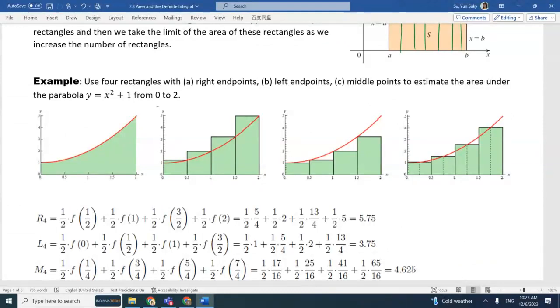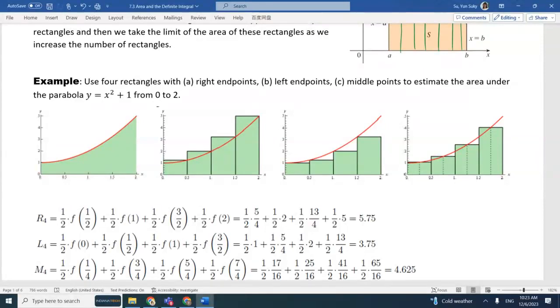And we want to estimate the area of this part from 0 to 2 with 4 rectangles. How do you cut 4 rectangles? You cut at the midpoint, and then another midpoint. You get 4 rectangles.